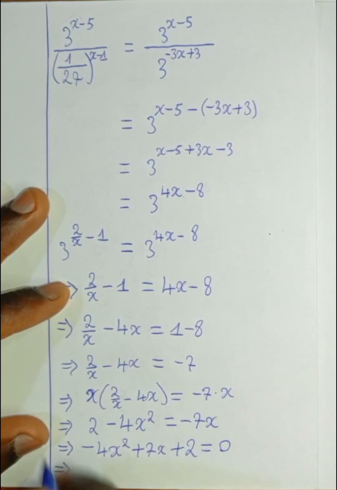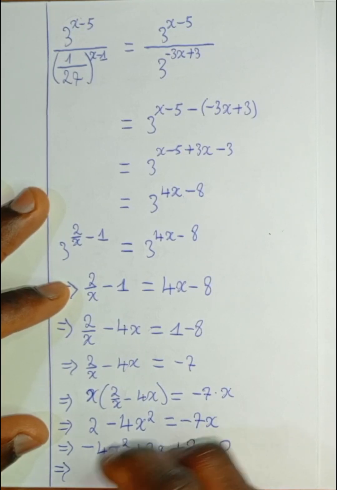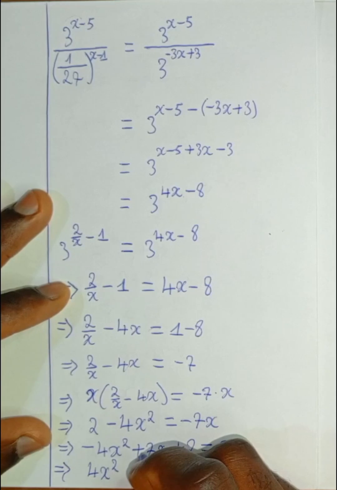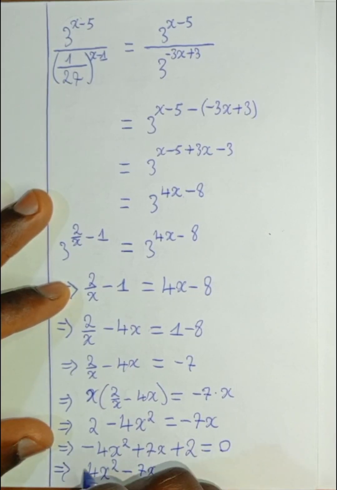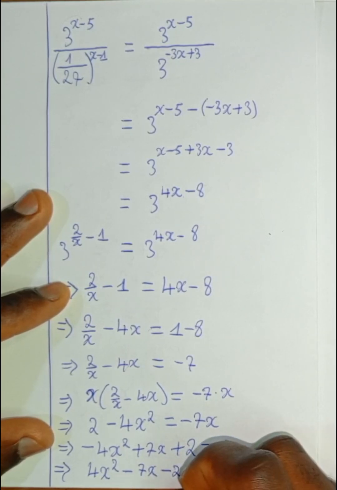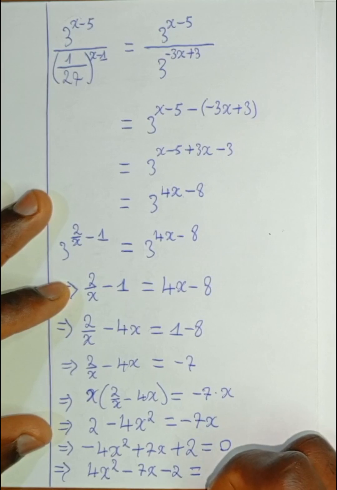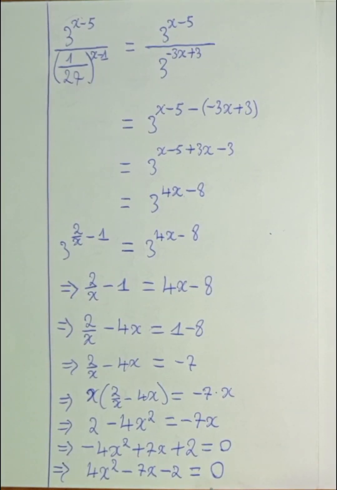Then we multiply both sides by negative 1. Negative 1 times negative 4x squared will give us 4x squared. Negative 1 times 7x will give us negative 7x. Negative 1 times 2 will give us negative 2 is equal to 0 times negative 1 remains 0. And this is a quadratic equation.